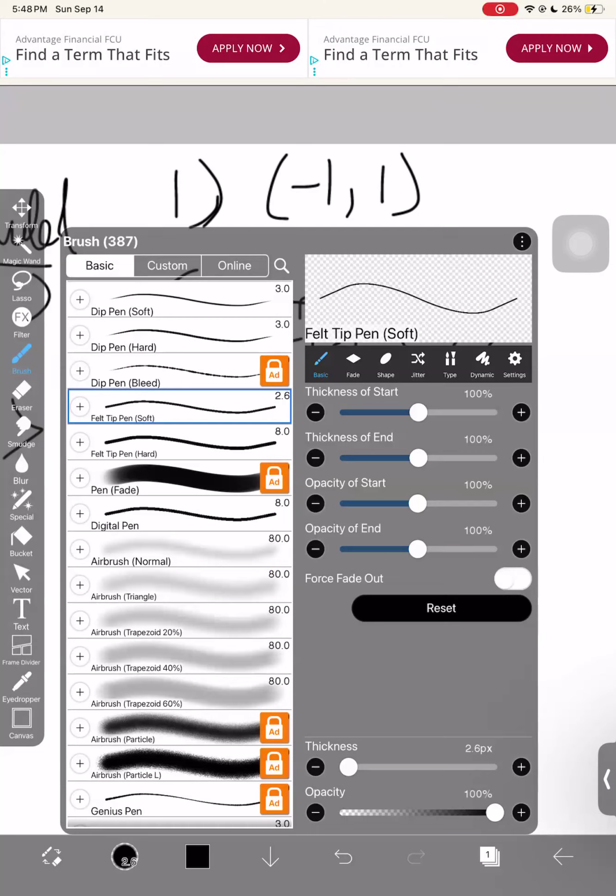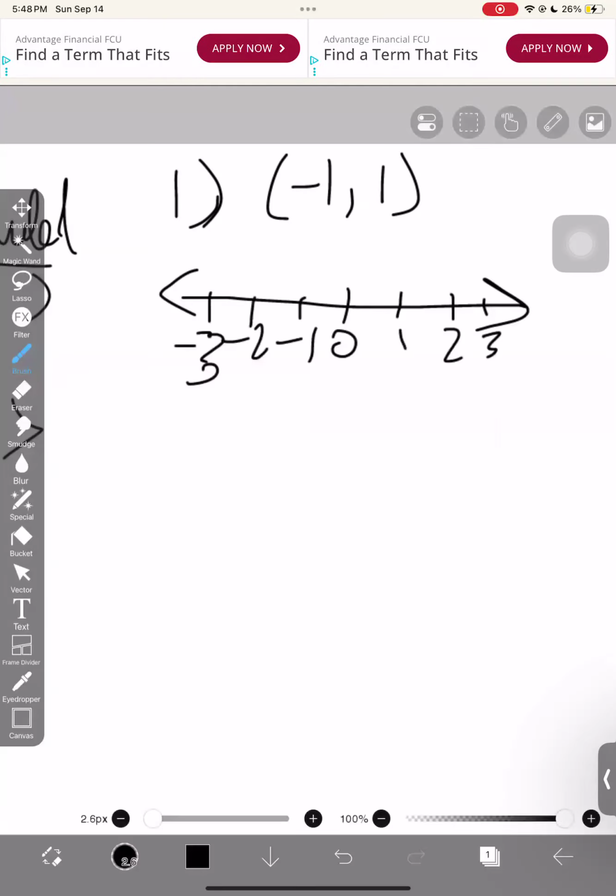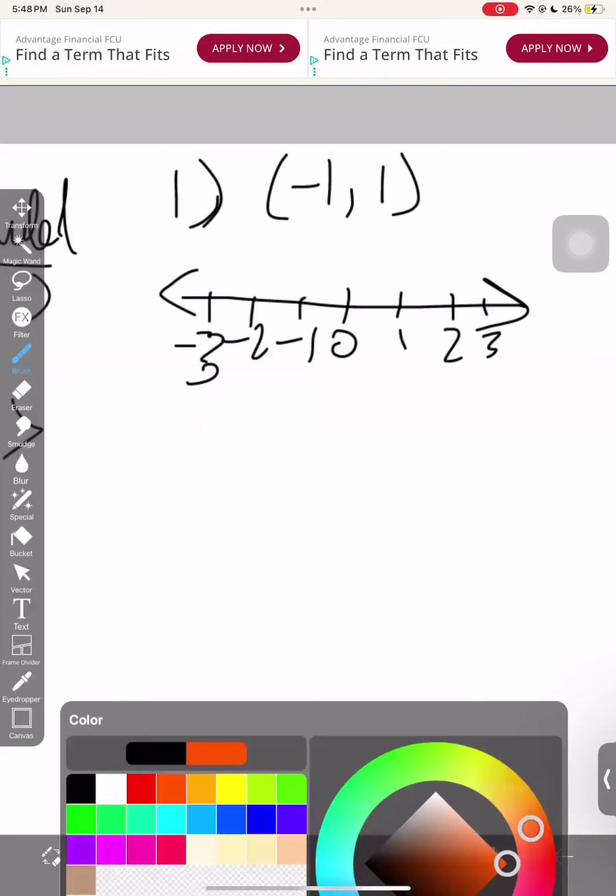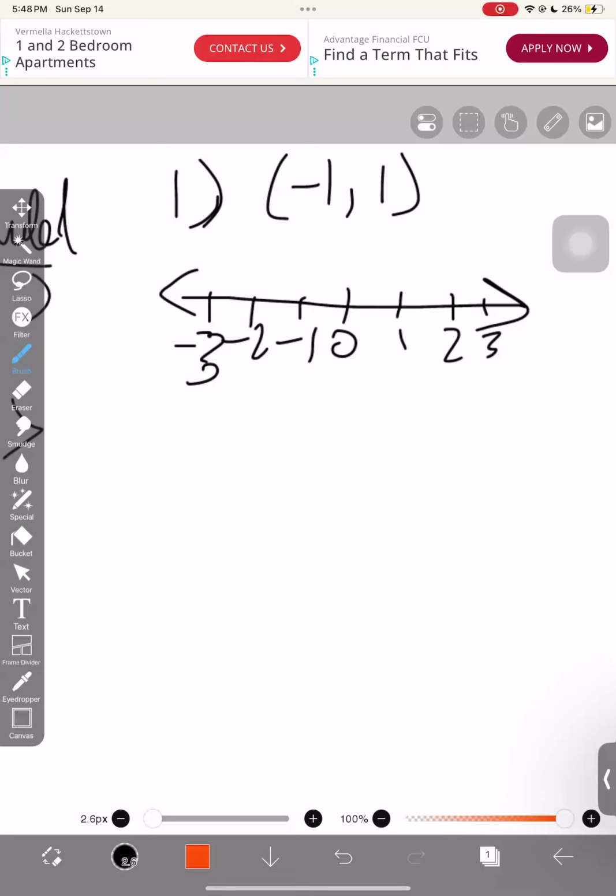So where's the color? Oh, down here. So let's just look at our color. So that means that our x has to be between -1 and 1. So we use an open circle on this side, right? Because it's not including.